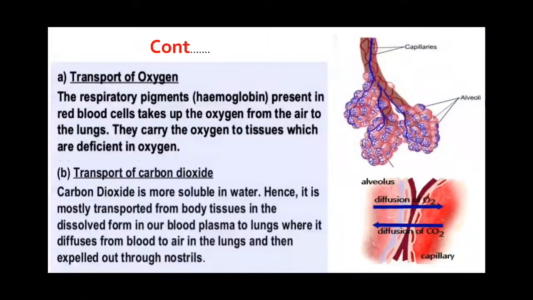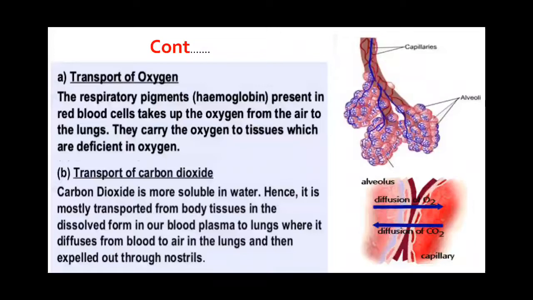So the first step of respiration involves exchange of gases between the air in the alveoli and blood in the capillaries around the alveoli, and in this exchange the blood takes up oxygen from the alveolar air and releases carbon dioxide to the alveolar air.